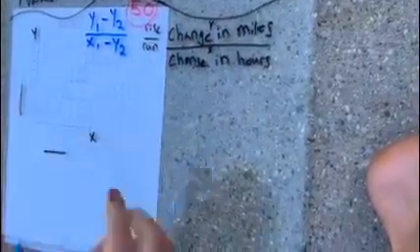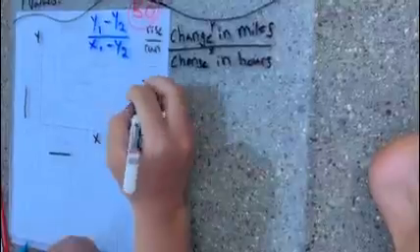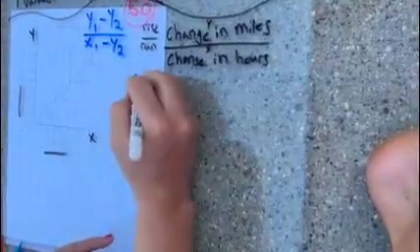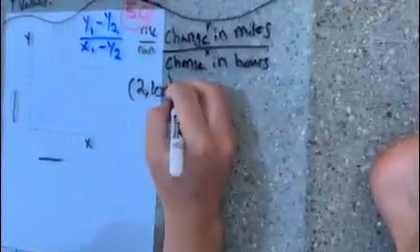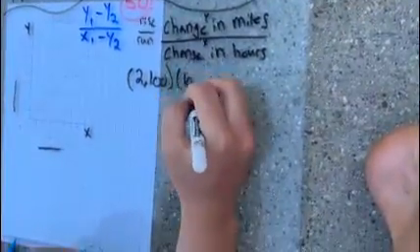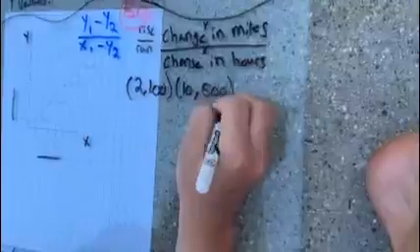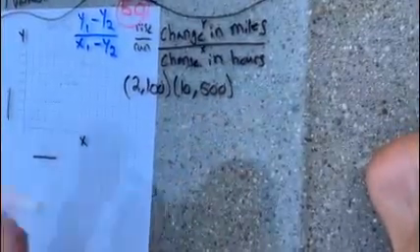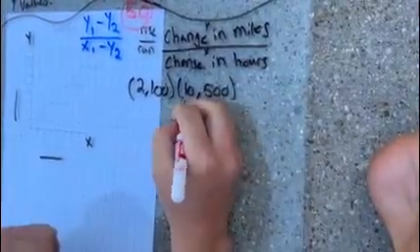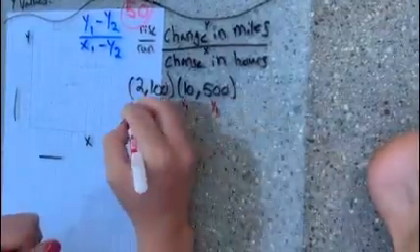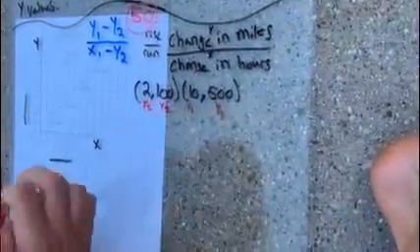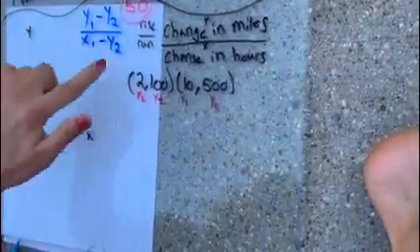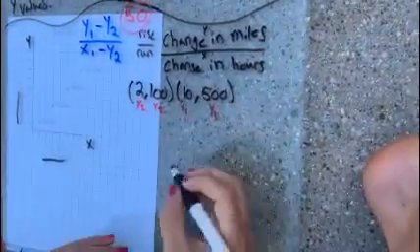So let's put this to the test. Let's compare two different points. Let's stick with our 2 and 100, and let's also do 10 and 500. Again, this will be our x1, this will be our y1, this will be our x2, this will be our y2. All right, let's set it up using that equation.